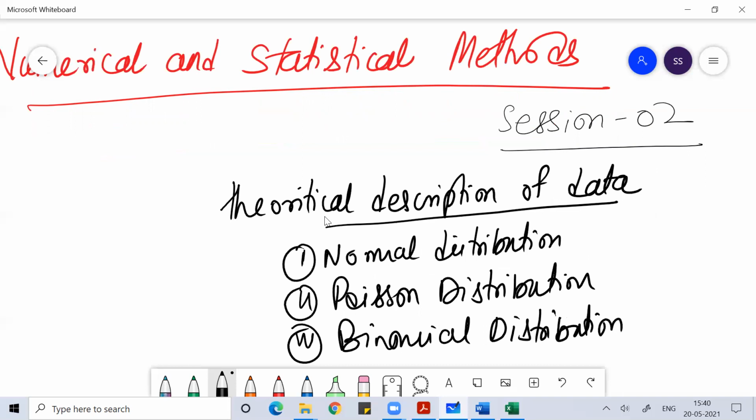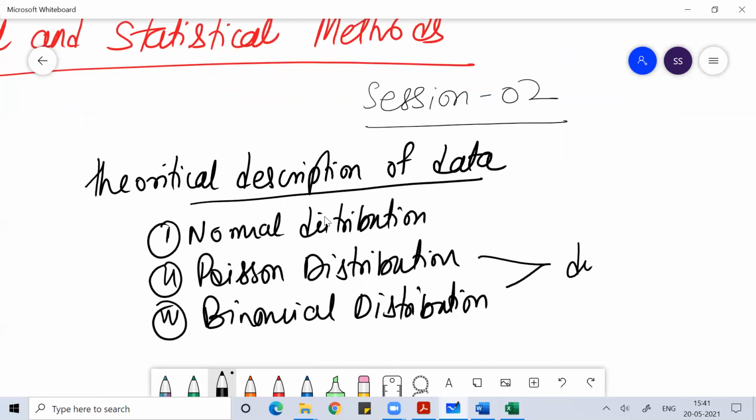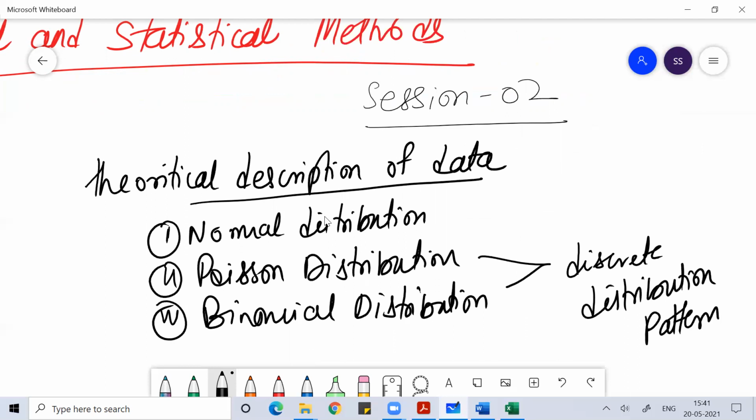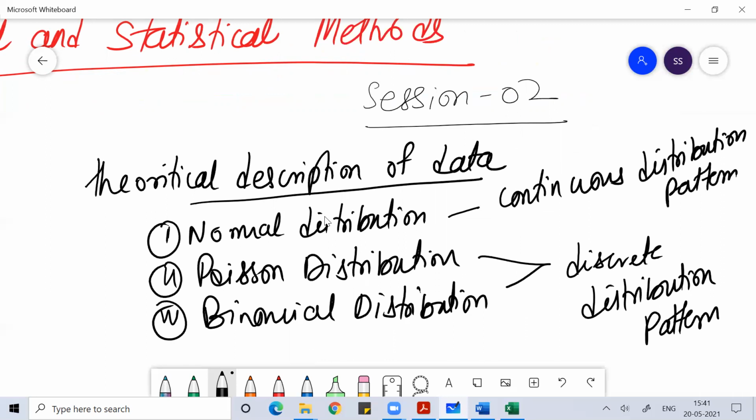We'll do that when the right time comes. Remember that binomial and Poisson distributions are basically discrete distribution patterns, while the normal distribution is a continuous distribution pattern.